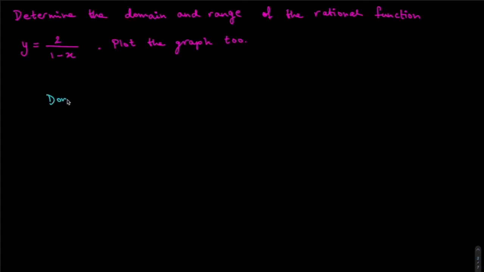So the first part is domain. We're going to do 1 minus x is equal to 0. If we solve for x, we get x is equal to 1. So this is also our asymptote, our x asymptote. It's going to be a vertical line, and we're going to draw a dotted vertical line. That's going to be one part.